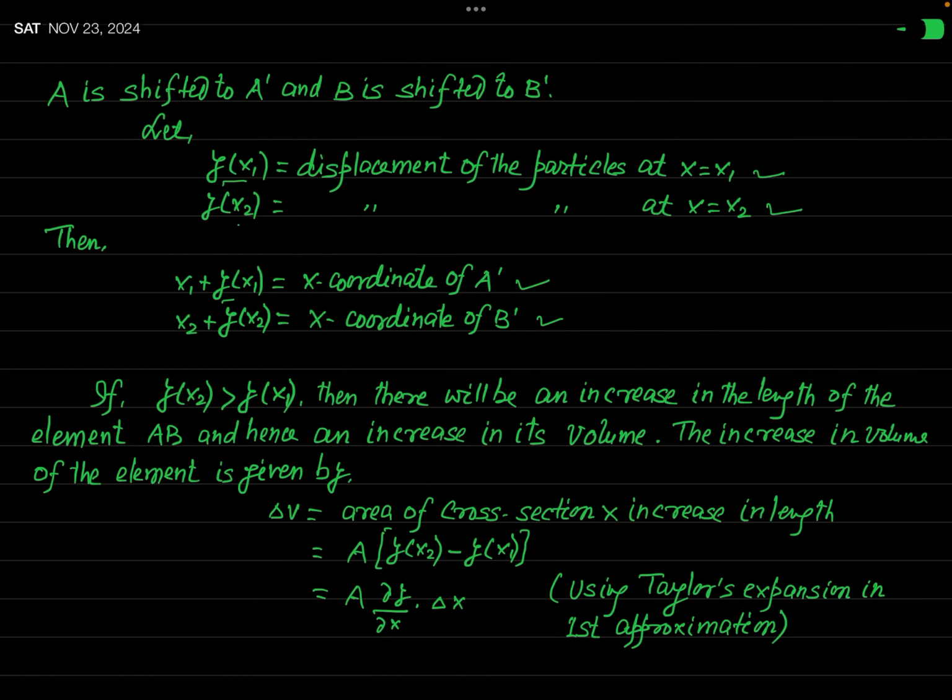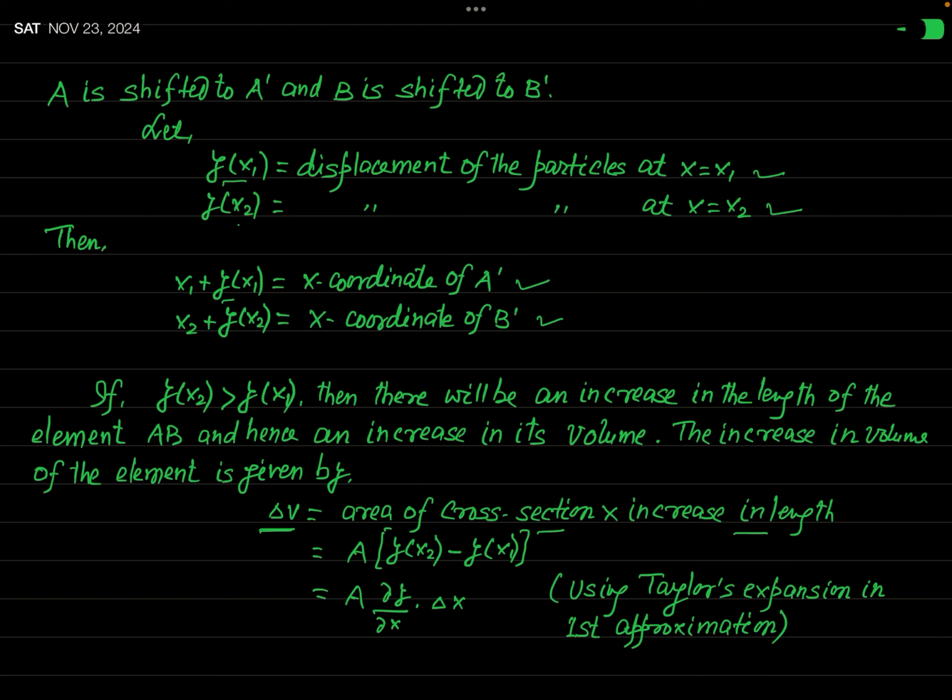So now let us see what will be the increase in volume of the element AB. If we denote the increase in volume by the symbol delta V, what will this be? This increase in volume will be simply equal to the area of cross section times the increase in length, because volume is area of cross section into length.